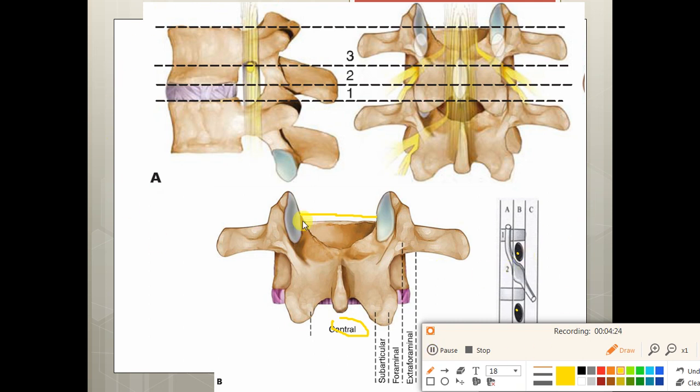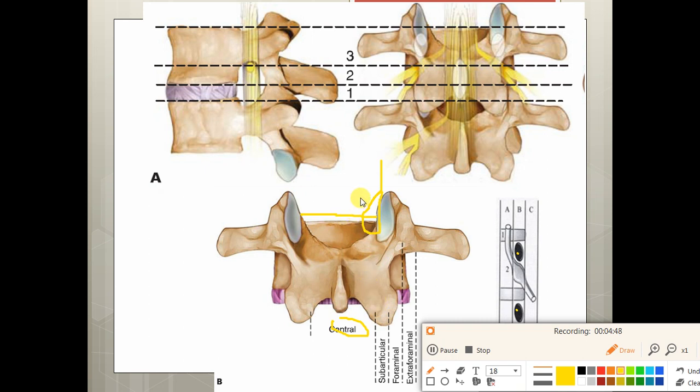Any osteophyte coming from any of these regions can press on the spinal cord. Here is the inferior articular process of the cephalic vertebra.